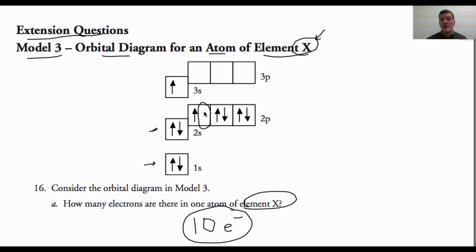Why? Well, this element somehow must have gained some energy, maybe from electricity or maybe from heat. And this electron jumped up to a higher energy level because it gained energy. So this is an example of an excited state.